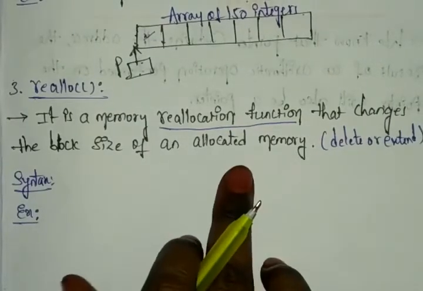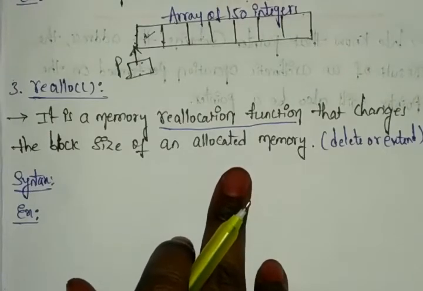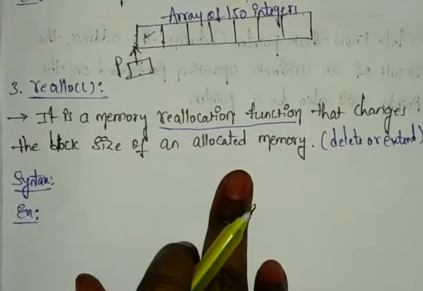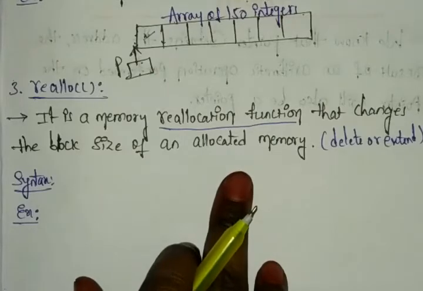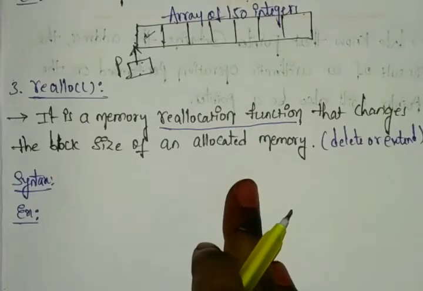Once you reallocate, the previous old copy is deleted, and the new copy is what remains in our program. That is how we perform reallocation.